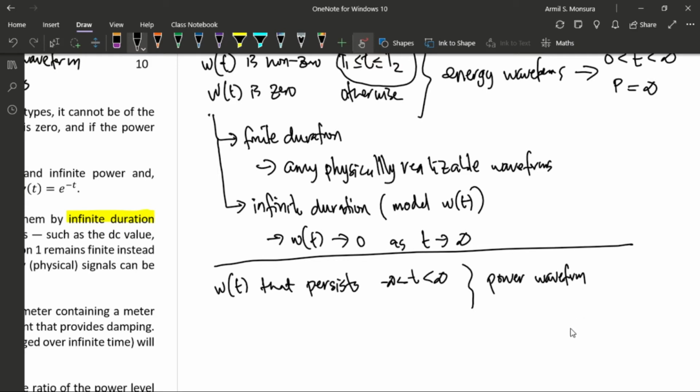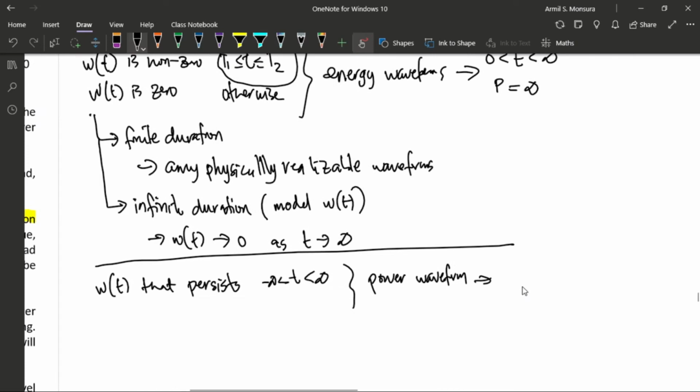And if you classify a waveform as a power waveform, it would have a finite average power, but its energy is now considered to be infinite.